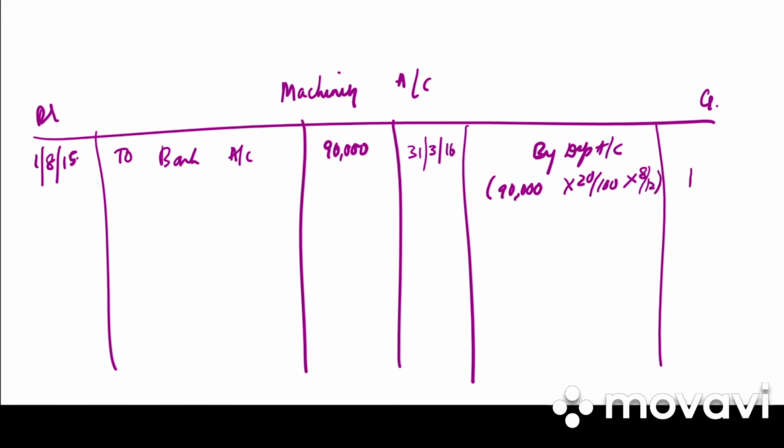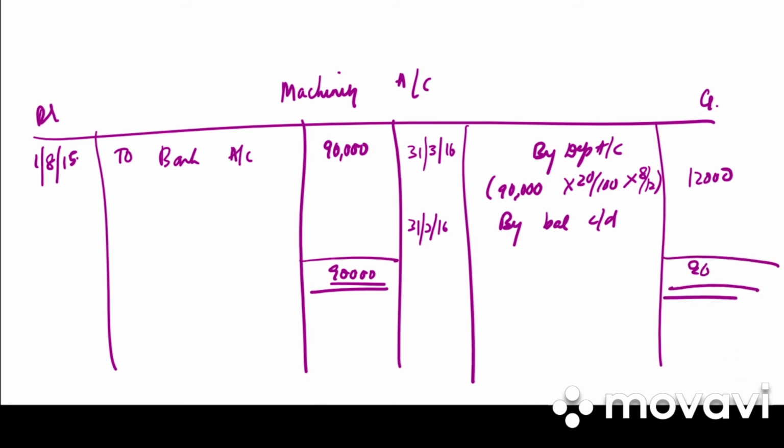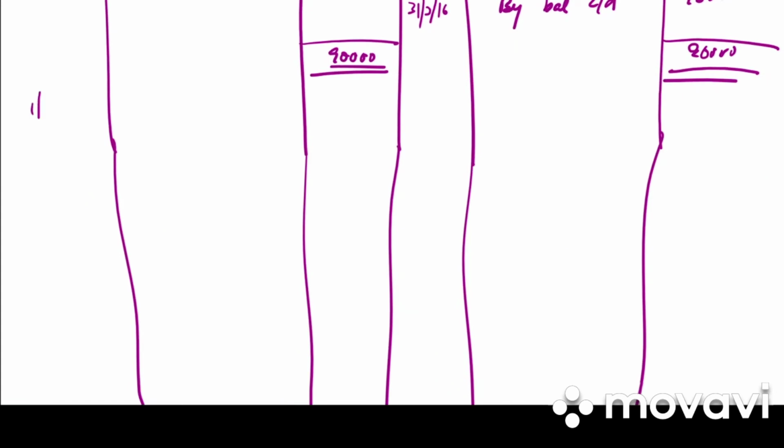So 8 by 12, 12,000. 31st March by balance carried down. 90,000 minus 12,000, 78,000. Next we bring down the balance on 1st April 2016 to balance brought down 78,000.